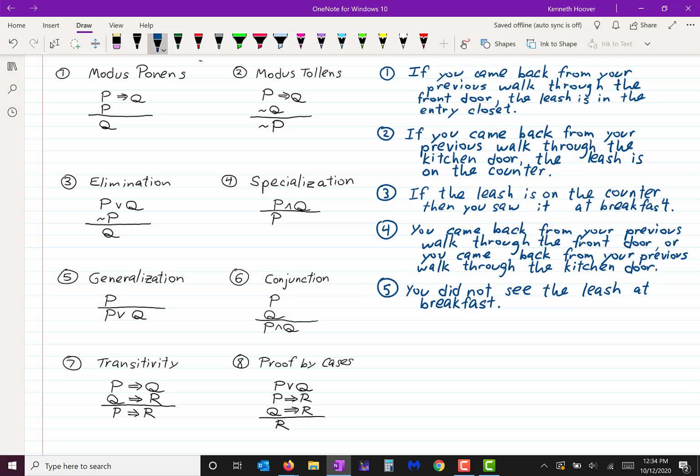And if I asked you to prove that to me, other than going to the entry closet and getting it, but convince me logically that that's where the leash is, you could probably do so. If I asked you to point out along the way where you are using each of these 8 rules of inference, that might be a little bit harder for you because we do not usually force ourselves to do that.